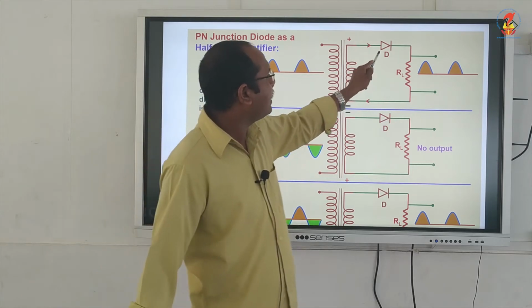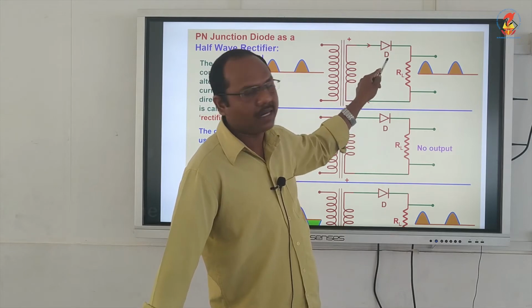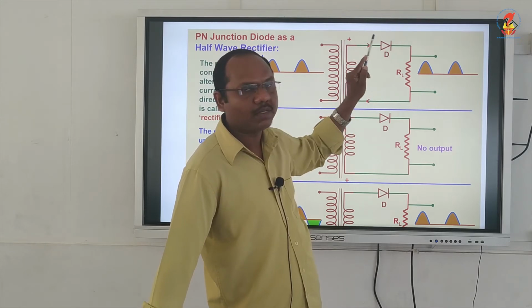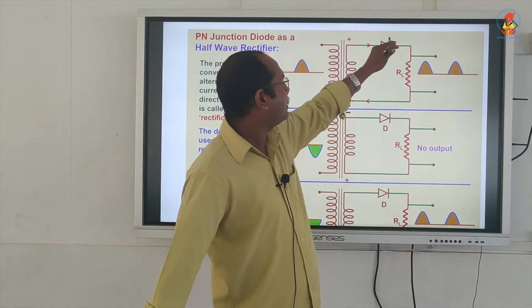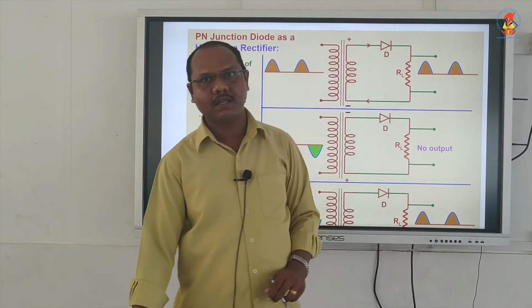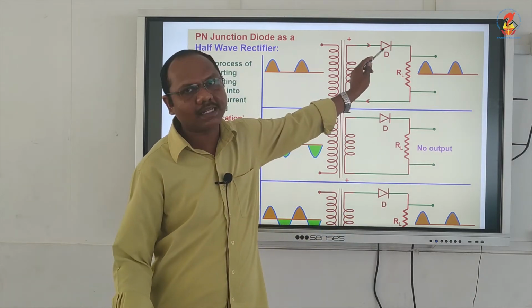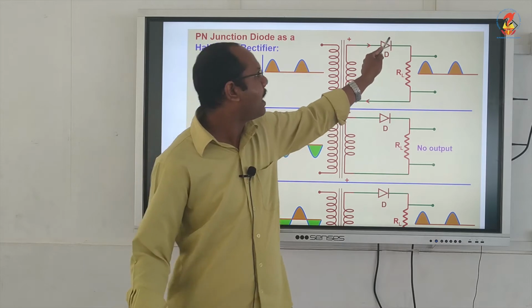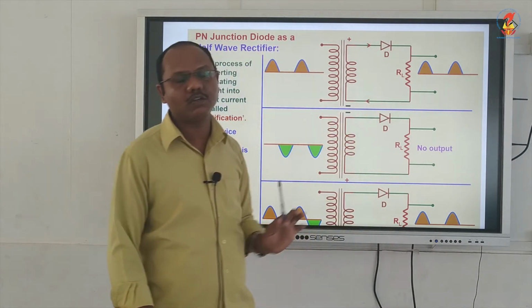And I connected a diode here. A diode is represented by this symbol, a triangle and a dash. The triangle stands for P and the line stands for N. So always remember, the triangle stands for P and the line stands for N. So this is the PN junction diode.